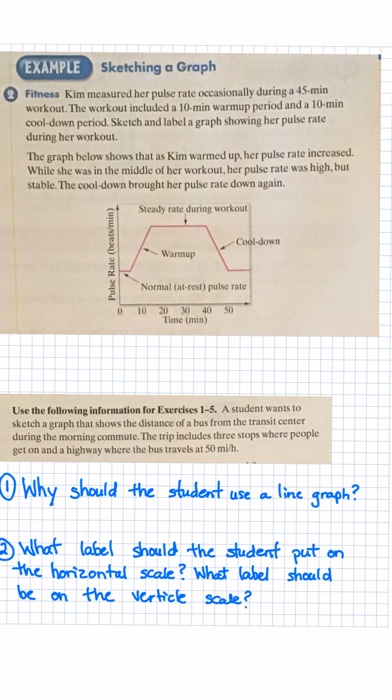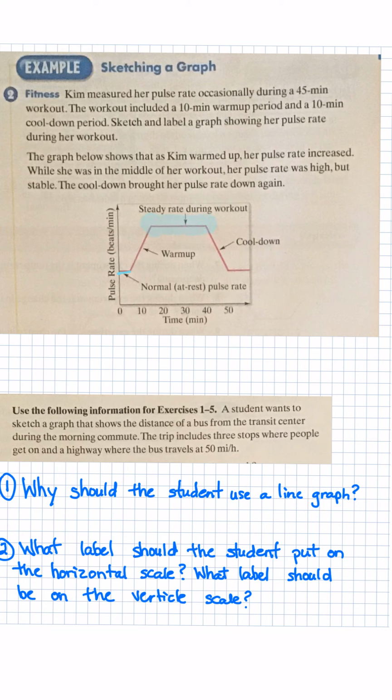So the graph below shows that as Kim warmed up, here's where she's warming up the first 10 minutes, her pulse rate increased. While she was in the middle of her workout, her pulse rate was high but stable. So right here, high but stable.